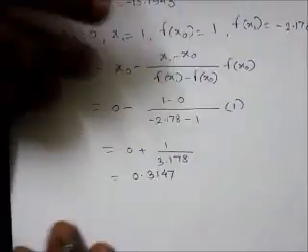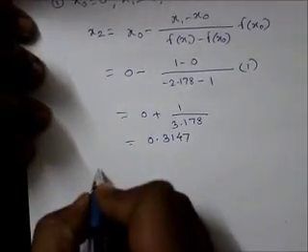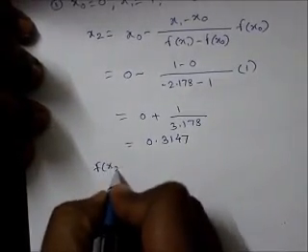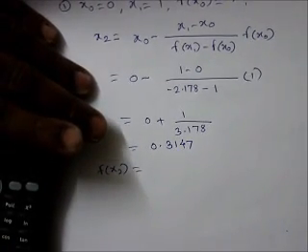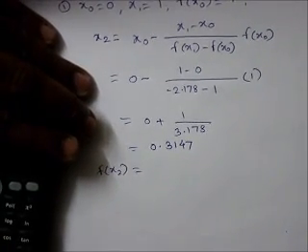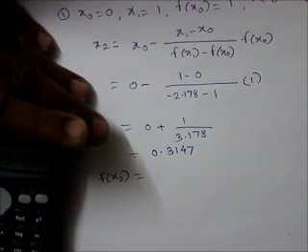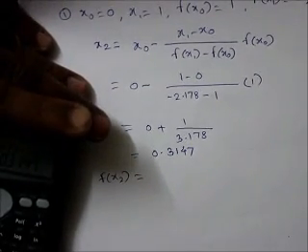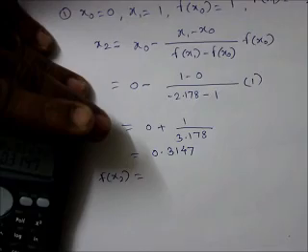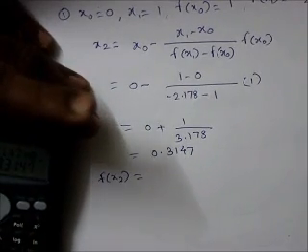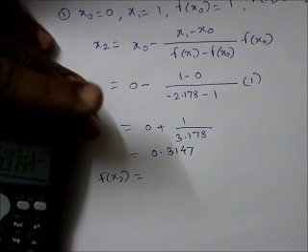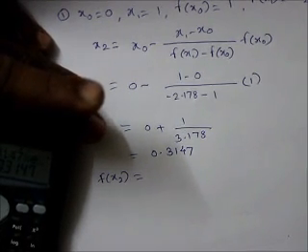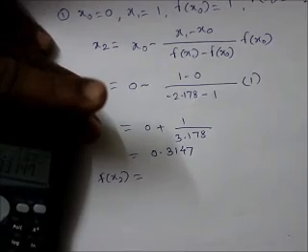Sorry, I think it's out of focus a bit. Okay, let's find out what f(x2) is going to be. Alright, cos of 0.3147 minus 0.3147 multiplied by e raised to 0.3147.